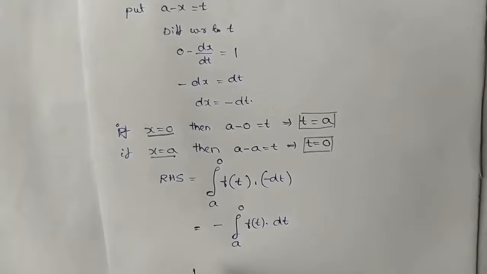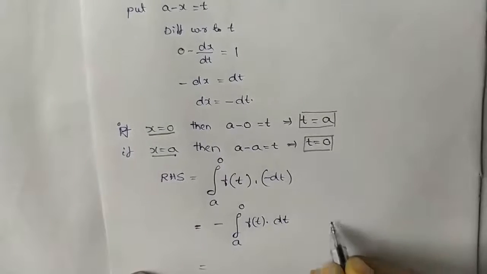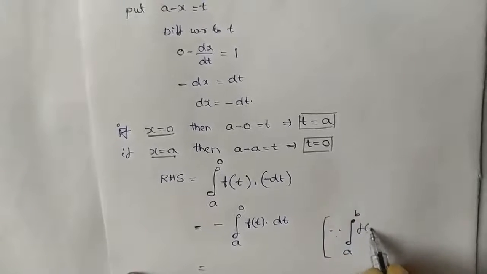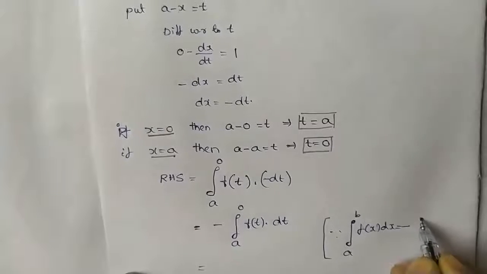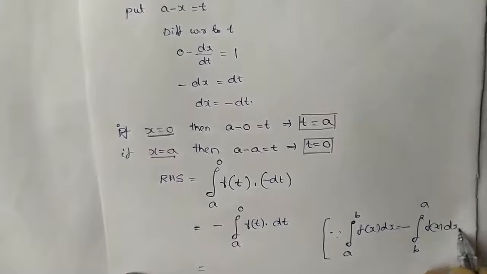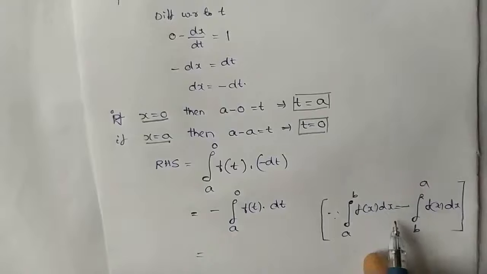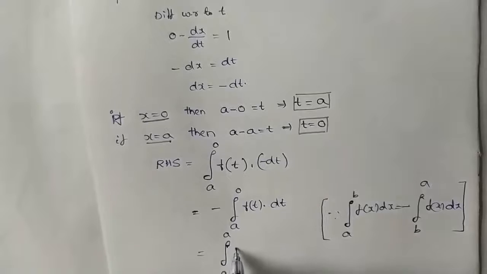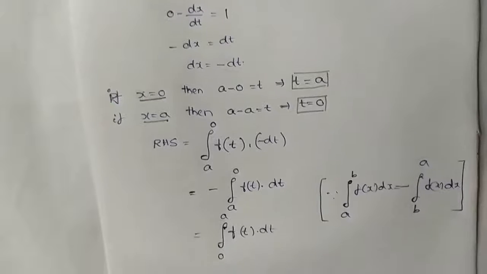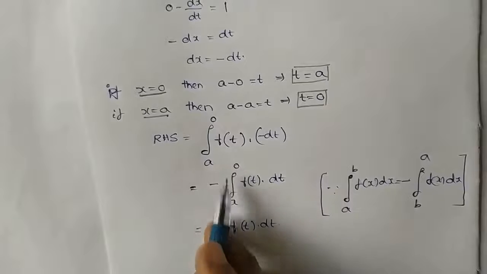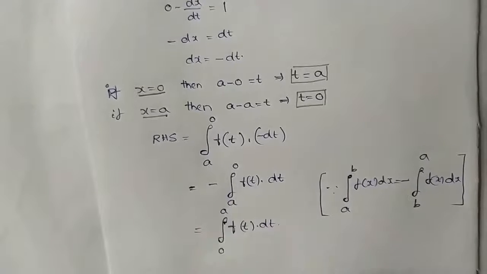Next, recall one more property: integration of a to b f of x dx equals minus integration of b to a f of x dx. From this property, this can also be written as integration of 0 to a f of t dt. This minus is eliminated, then the intervals change from a to 0 into 0 to a.